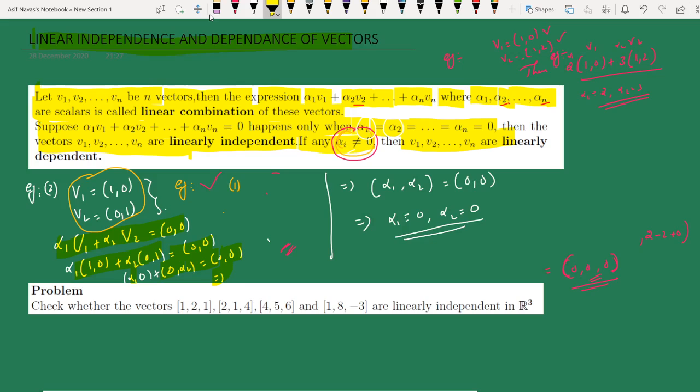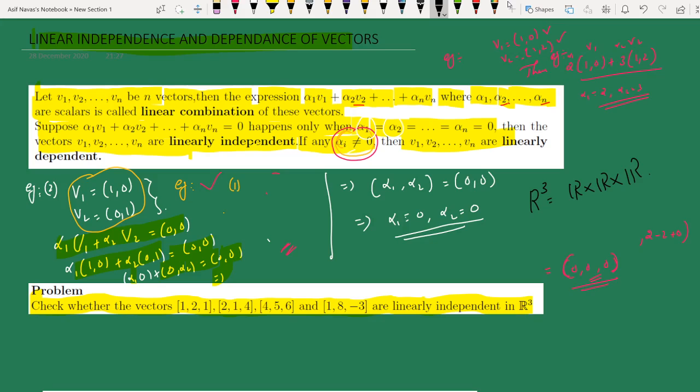So now our first problem is: check whether the vectors (1, 2, 1), (2, 1, 4), (4, 5, 6) and (1, 8, 3) are linearly independent in R3. R3 simply means R cross R cross R. Anybody have any doubt?